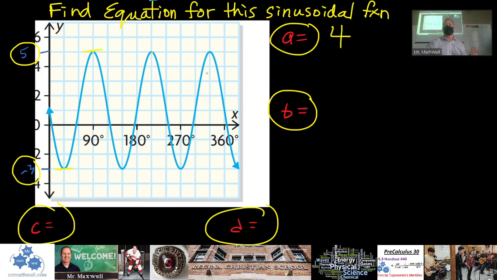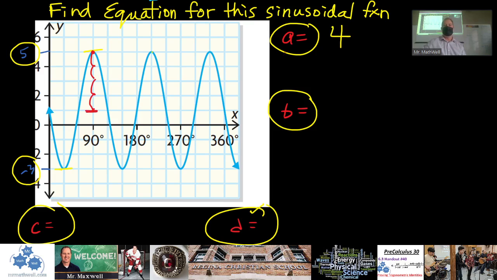All right. Now, do you need to know what the midline is? Yeah, we're going to need to know what the midline is. The midline will actually help us with D. I think D might be a good one to do next because you've already found A. So if A is the amplitude, what you can do, guys, is go from the max down 1, 2, 3, 4 units, and that should be your midline.